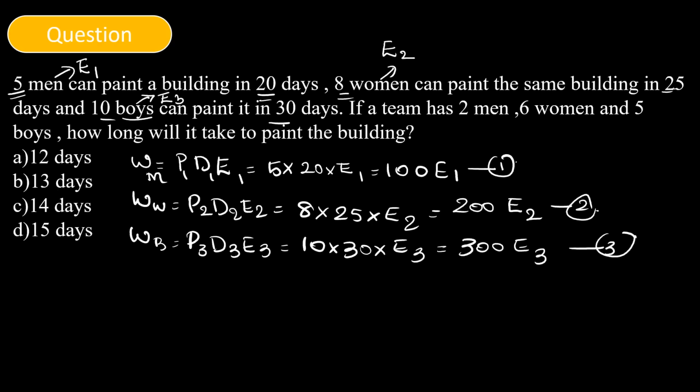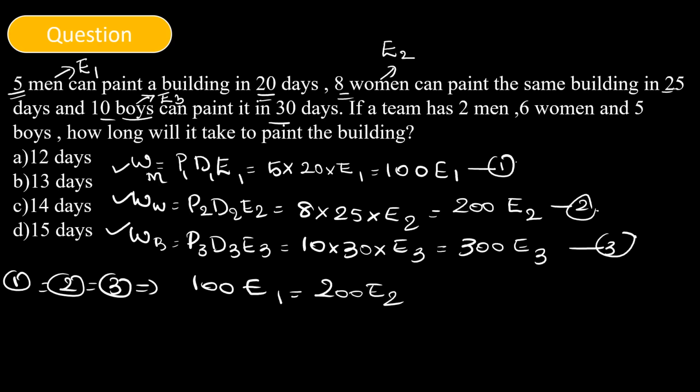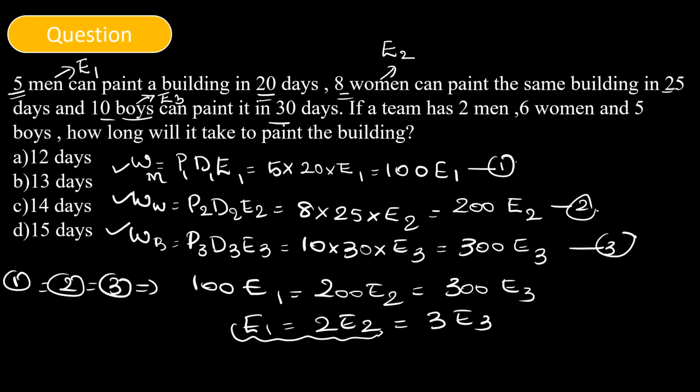Now since they are doing the same work, these three works are equal. So we can equate 1, 2 and 3. That is 100 E1 equal to 200 E2 equal to 300 E3, or E1 equal to 2 E2, that is equal to 3 E3. Now from these two equations we can write E2 in terms of E1 as E1 by 2.